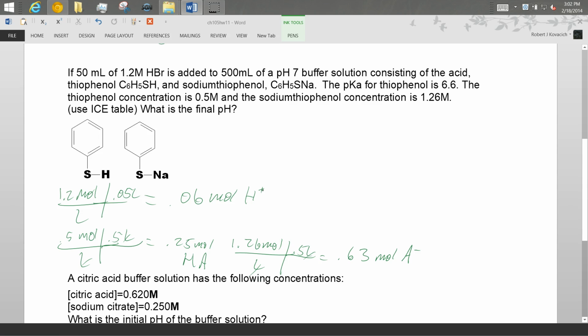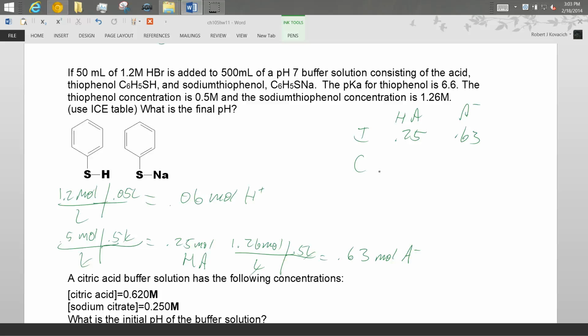Because it's a strong acid and they're not going to be connected to each other. Okay, so then I'm going to set up a nice table. I have my weak acid of my buffer and the salt for my buffer. And then my initial is 0.25 and 0.63. And my change is going to be what? 0.06. So what is this hydrobromic acid going to react with?